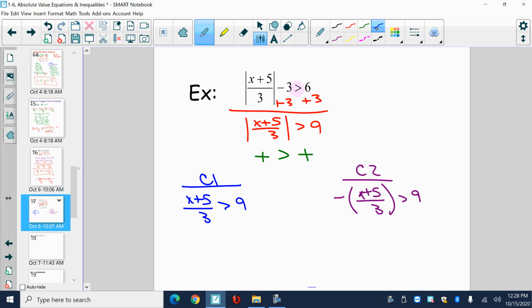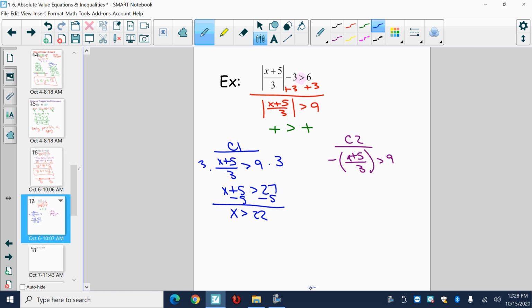So if I solve this first one, I'm going to simply multiply by 3. So I have x plus 5 is greater than 27. Subtract the 5, and I get x is greater than 22. Now, I'm going to take this negative and move it down to the bottom. Why?